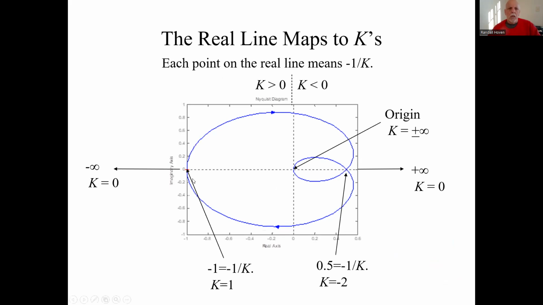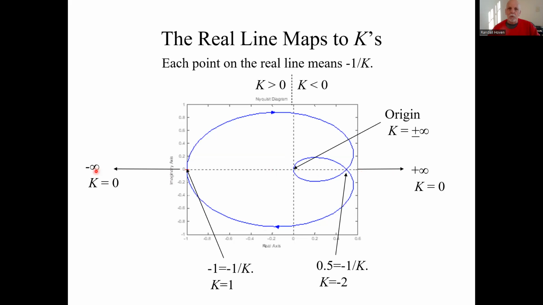What happens is every point on the real line maps to a k, or you can say k maps to some point on the real line. You need to get a little bit used to interpreting this because each point on the real line literally maps to -1 over k. So you have to do a little bit of backwards thinking.